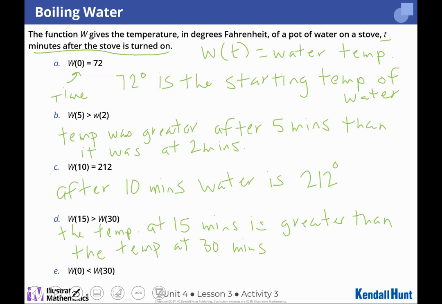Okay, so W of 15, the temperature at 15 minutes, is greater than W of 30, the temperature at 30 minutes.